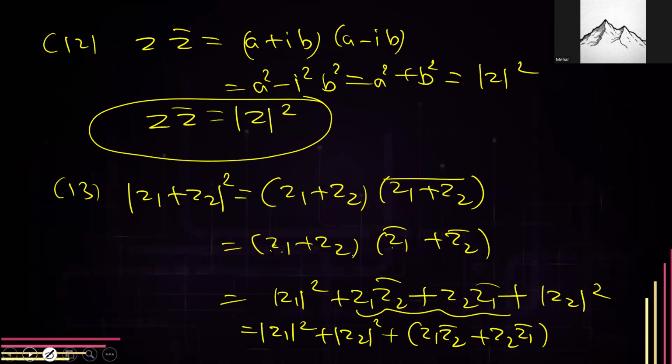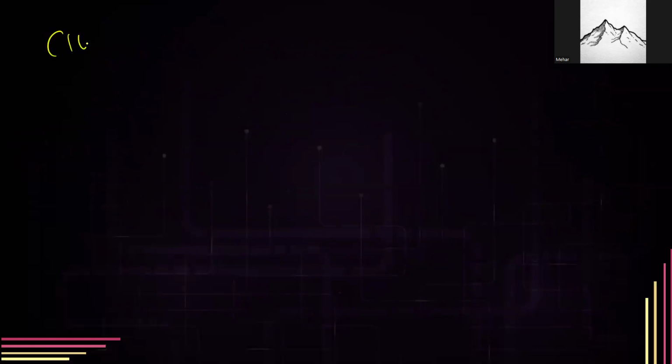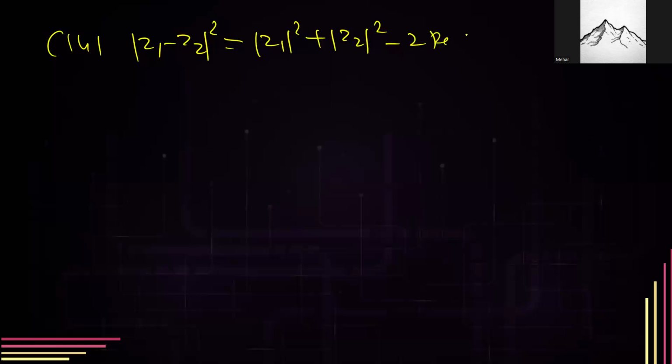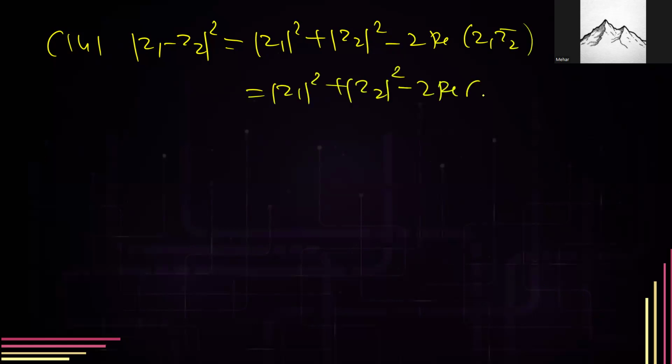Similarly, this was for plus. If I have a formula for minus, then without deriving, I'll directly write. You can write this as mod Z1 square plus mod Z2 square minus 2 times real part of Z1 into Z2 conjugate. Or else you can write mod Z1 square plus mod Z2 square minus 2 times real part of Z1 conjugate into Z2.